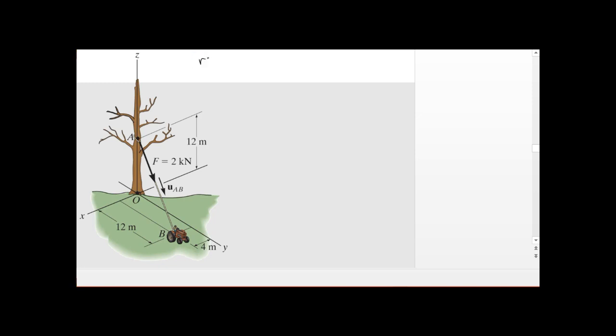So to calculate RA, we have the coordinates of A. So that's 0 meters minus 0 meters in the I, and we have 0 meters minus 0 meters in the J, and we have 12 meters minus 0 meters in the K. So this is the position vector.